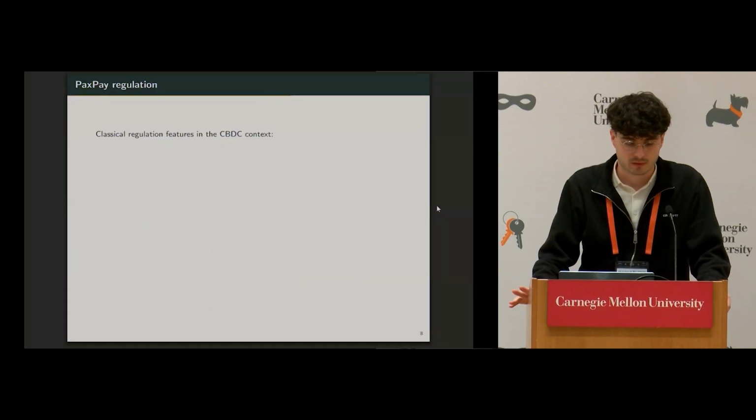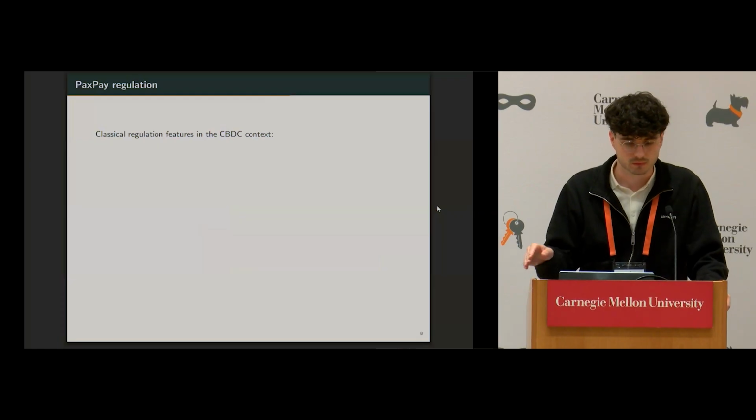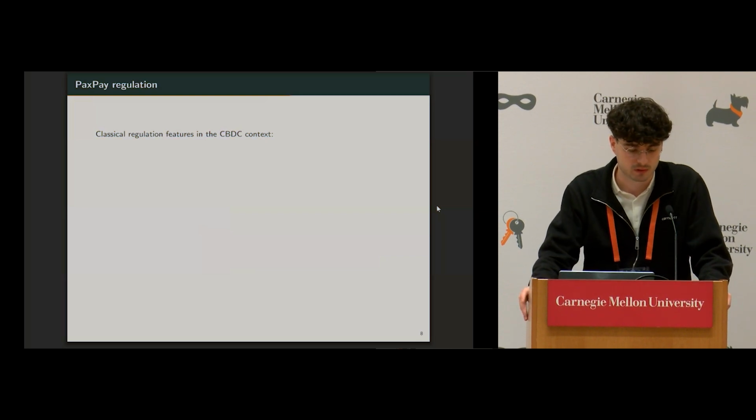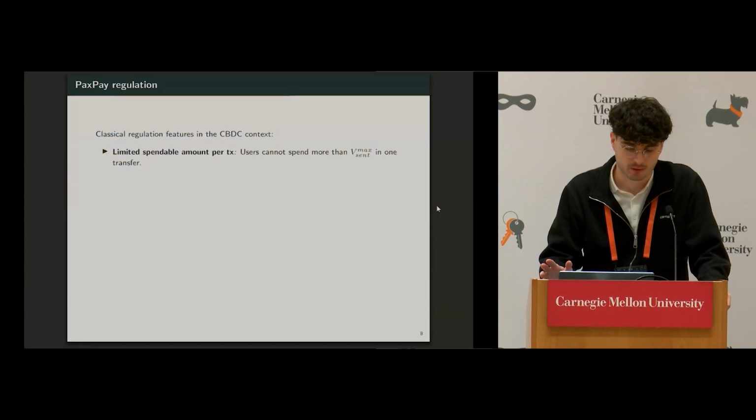As I stated in the beginning, the payment system is regulated. So we try to match the regulation defined by some central banks, and especially the European Central Bank. For instance, we define a limit on the amount of one single transfer.